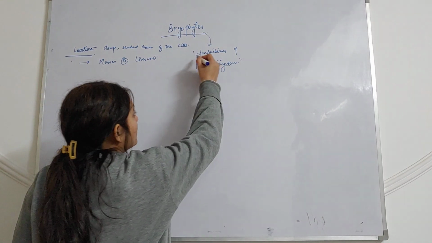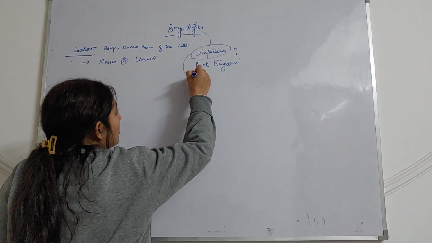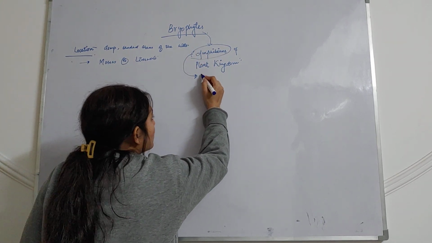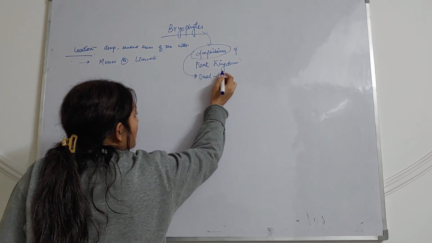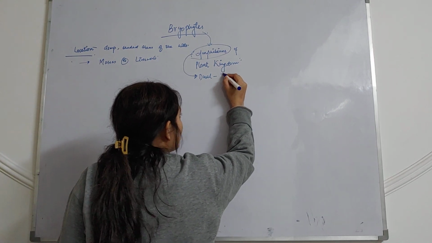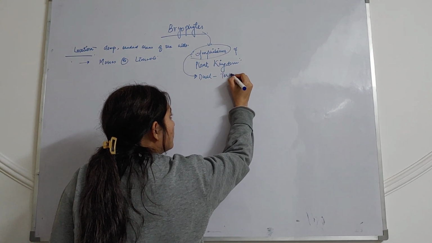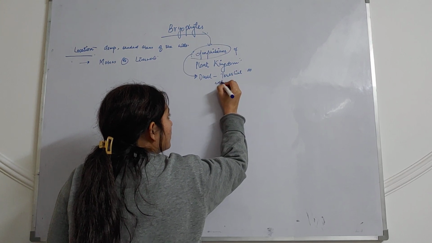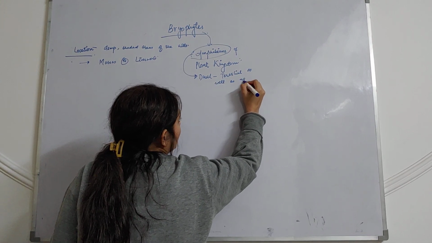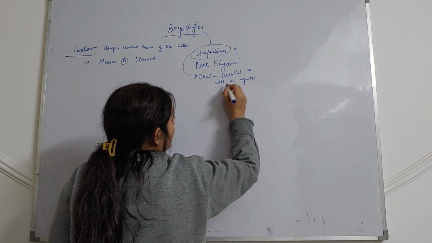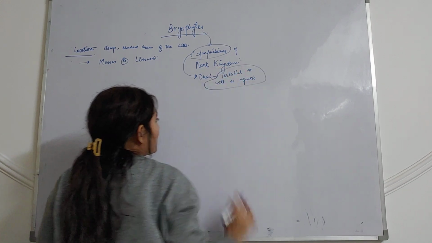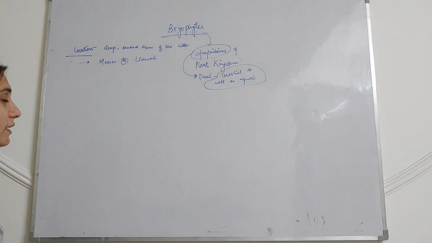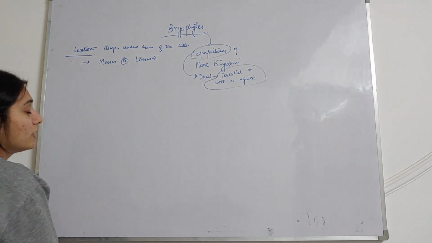Like amphibians, they show dual nature, present on terrestrial as well as aquatic. Means they require both terrestrial as well as aquatic systems.